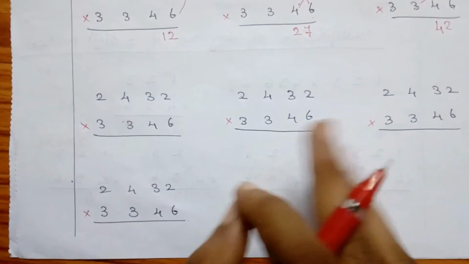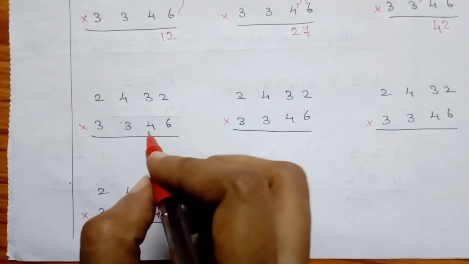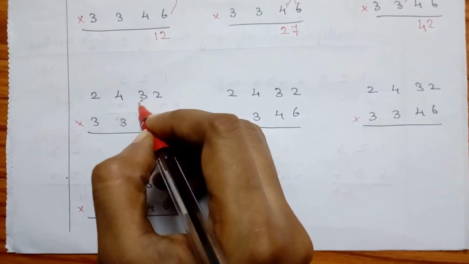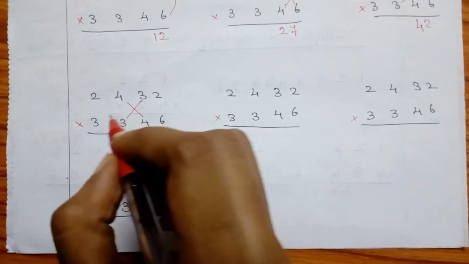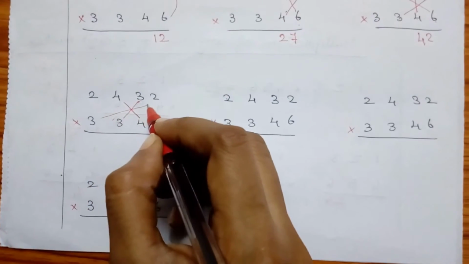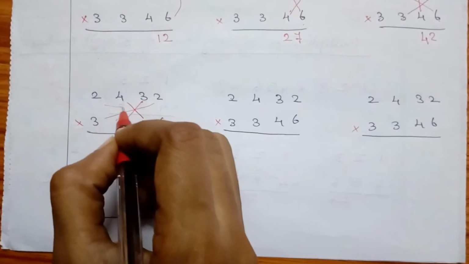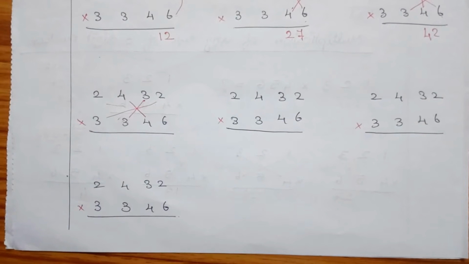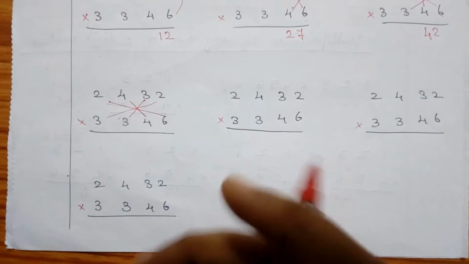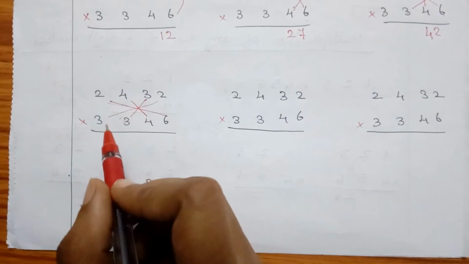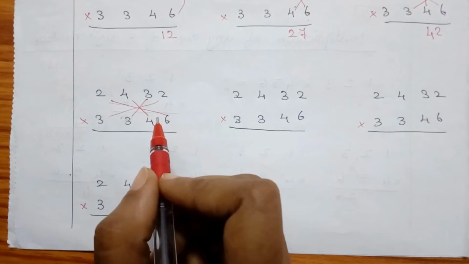Now for the fourth step, I am going to multiply these two numbers and this and again this. Okay, now I will have to multiply these numbers and add them.